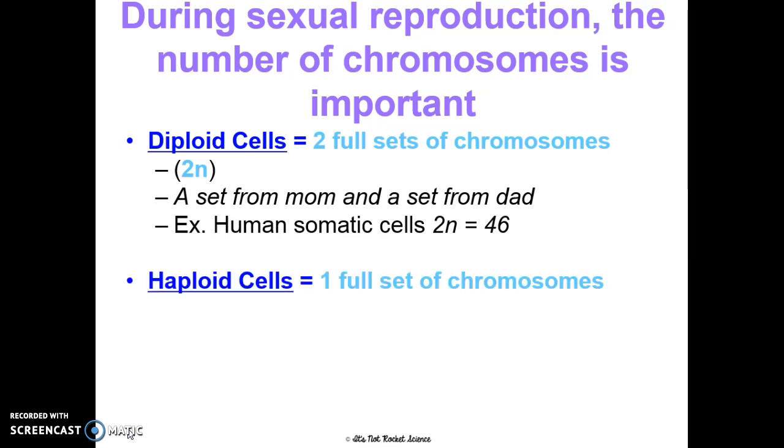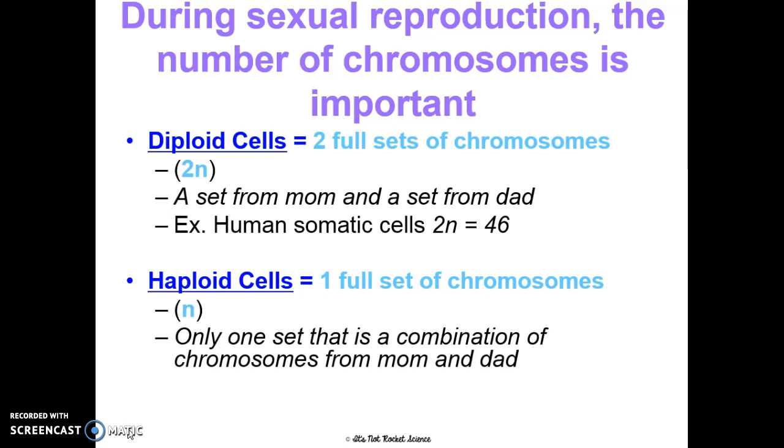Now, our haploid cells, our gametes, don't. So our gametes only have one set. So egg cells only have one set of chromosomes. Sperm cells only have one set of chromosomes. Okay?